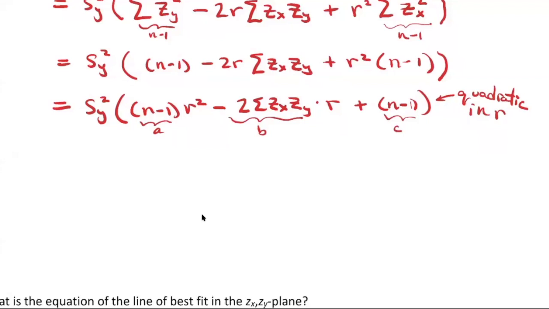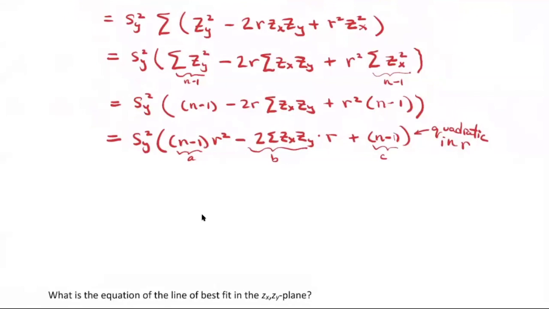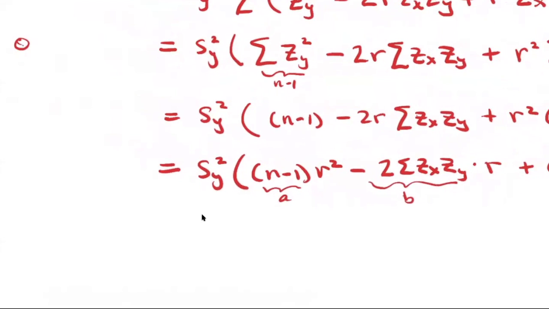Okay, so I'll make a note on the left here that the quadratic in r is minimized at the low point of the parabola.